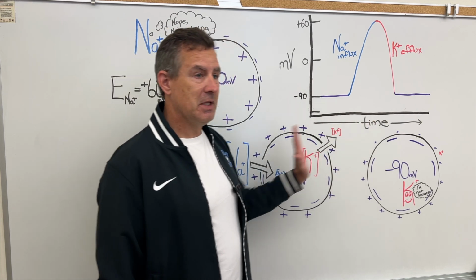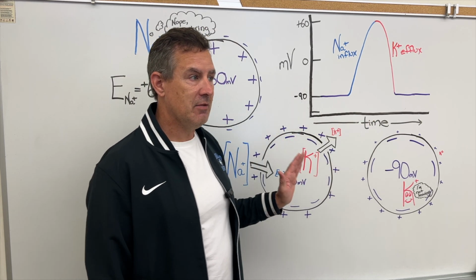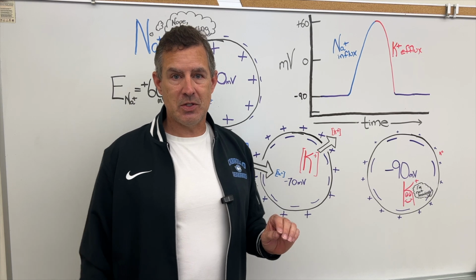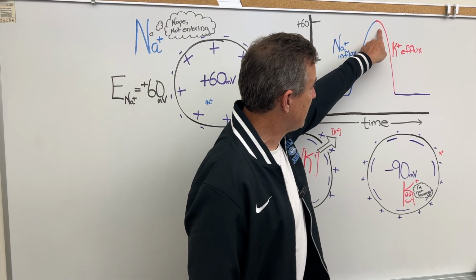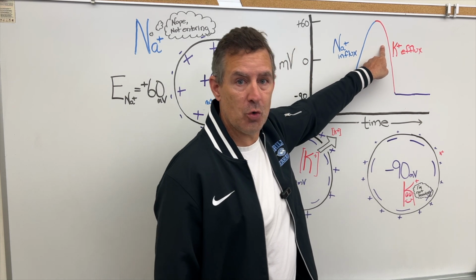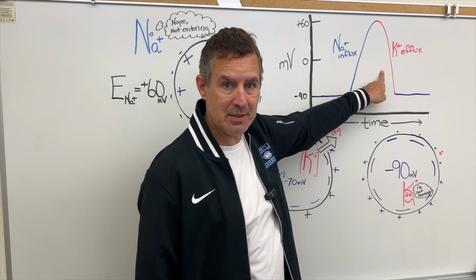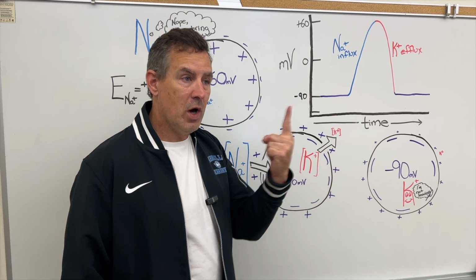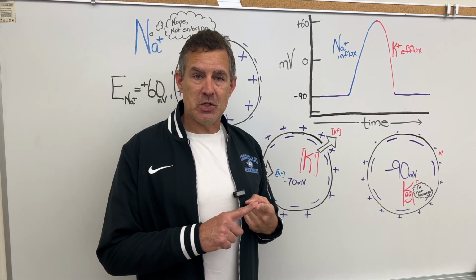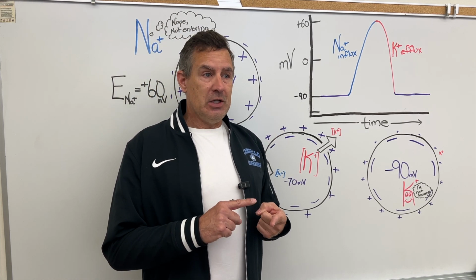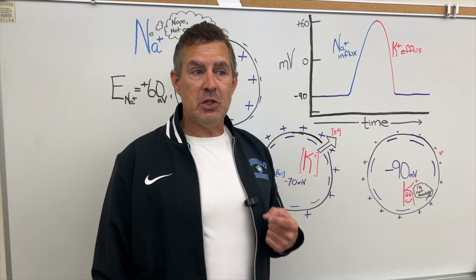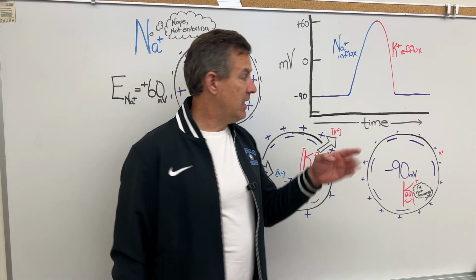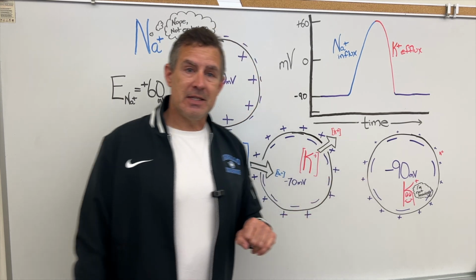As potassium continues to leave, that's positive charge leaving the cell. So there are two reasons that proceeds to make the cell more negative or return to its resting state. One, because positive charge is leaving the cell, and two, because there's still those protein anions and negatively charged phosphate ions in the cell to help make the cell negative.